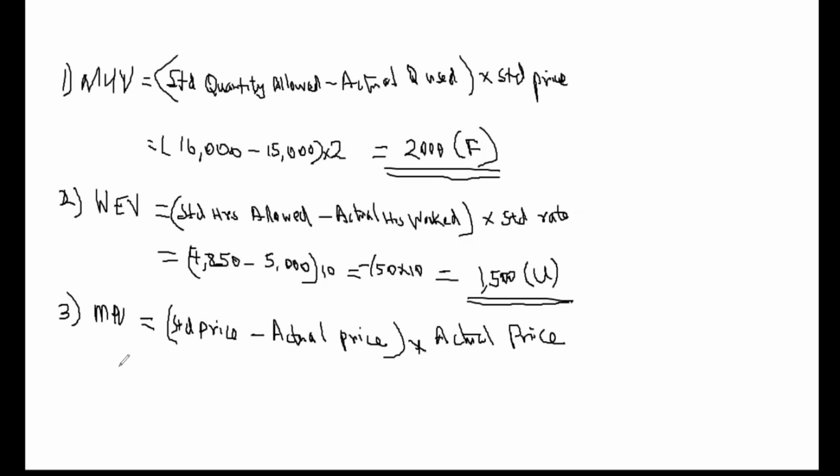Now, our standard price for raw materials is 2. That standard price per kg is 2 minus the actual price per kg, which is 1.5.